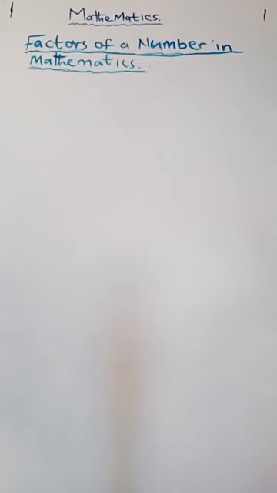Now, what are factors of a number? Factors of a number are numbers that can divide such a number without any remainder. Now, let's look at 6, for example. What are the factors of 6? That is, what are the numbers that can divide 6?